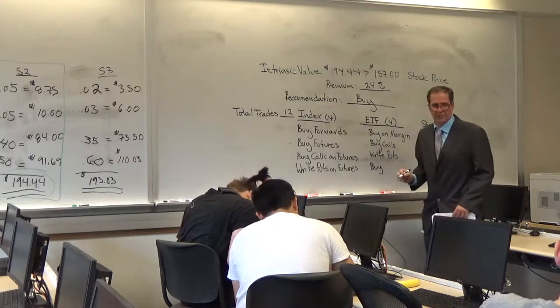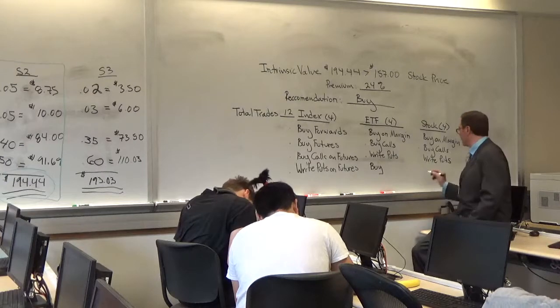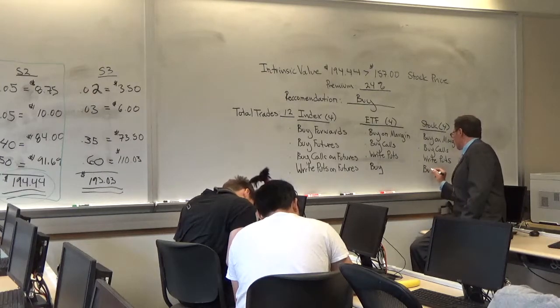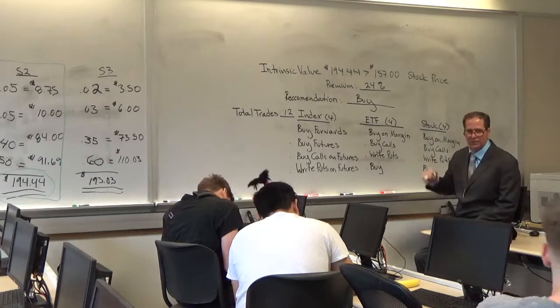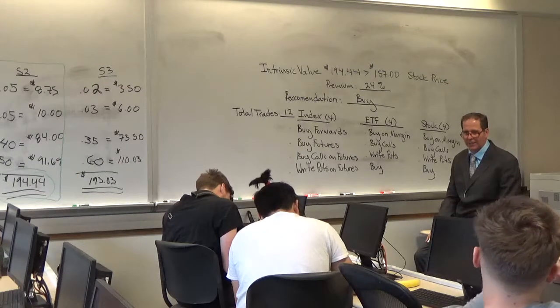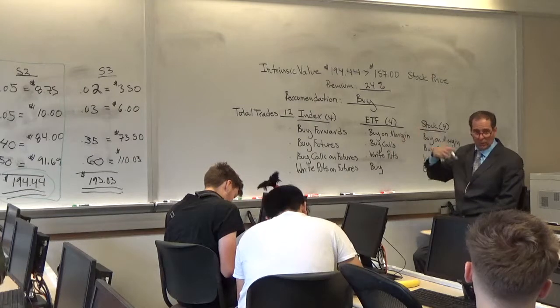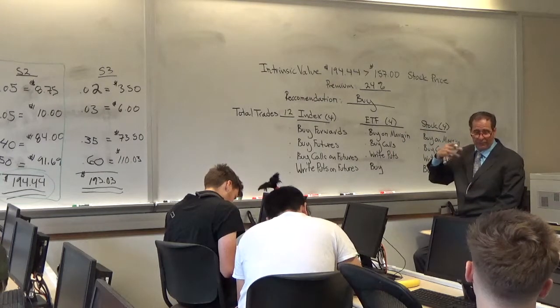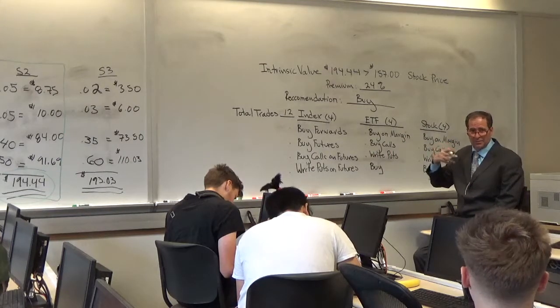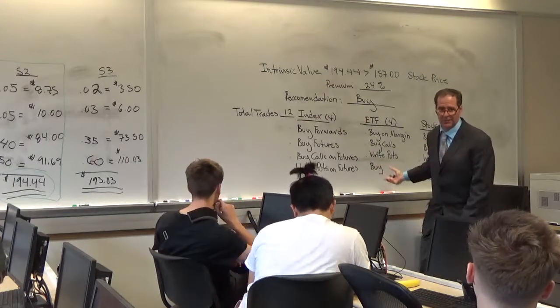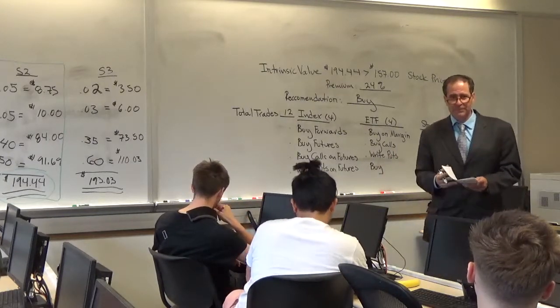Because one of the trades is also to buy, just buy the stock. So there's really 12 trade recommendations that I could give to my clients or to the proprietary trading unit, or for my personal account, to use the research that we conducted to make these trades so that we can make some money.